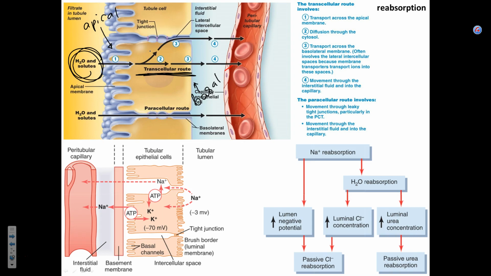Does that make sense? So they have to have some protein. Either a pump or channel or transporter or whatever you want to call it. Makes sense, right? So they can cross either by facilitated diffusion or by active transport. Are we clear? Now take a look at the paracellular route.